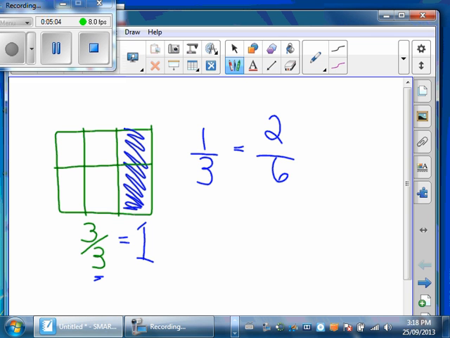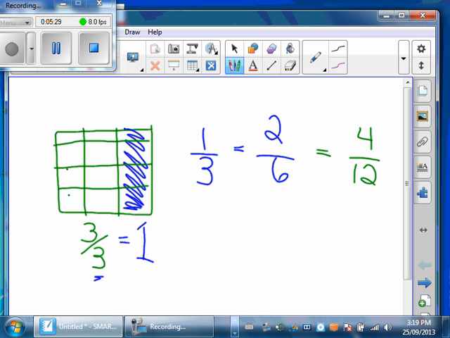What if I was to split this up again? What if I was to do this? Well, now what I've got is 12 parts, and of those 12 parts, I've got 1, 2, 3, 4 of them shaded.